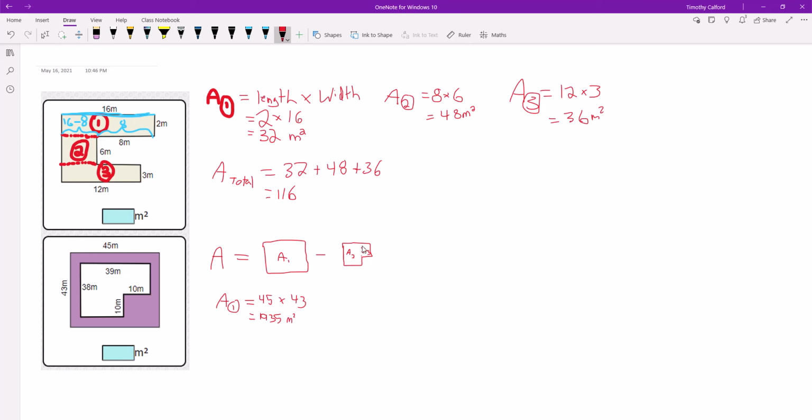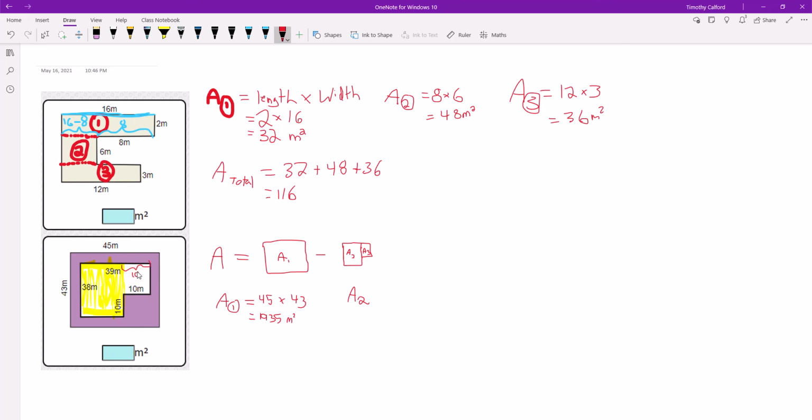Area 2, so if I split this up, I'll highlight area 2. Area 2 is just this rectangle here. So I've got 38 going up the left side, but I need to calculate its width here. And so what I would do is, to get the width, I could take 39 and I'm going to subtract 10, right?